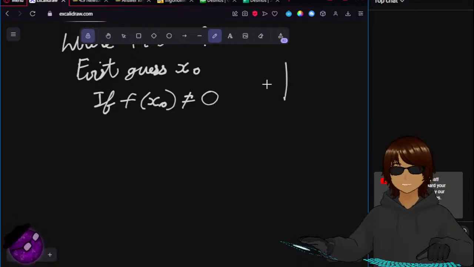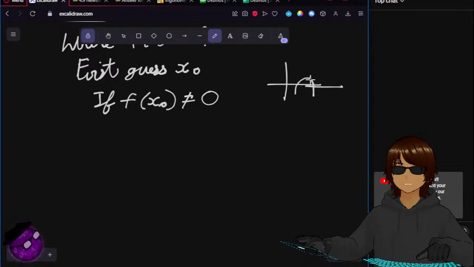If the graph is like this, we make a guess over here and then draw a tangent line. If x1 is bigger than x0, then we make another guess for x0, but on the other side of the maxima or minima.